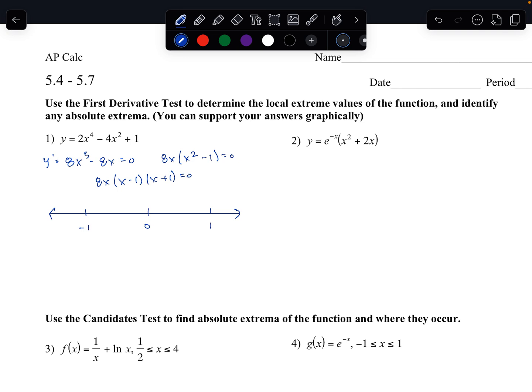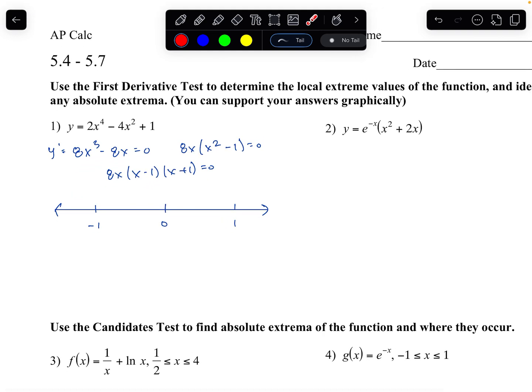And then the first derivative test just means I'm going to take values around these critical points and plug them into the derivative to see if it's increasing or decreasing. So if I take -2 and plug that in there, that's going to become negative, and if I plug in -2 here, that's also going to become negative.